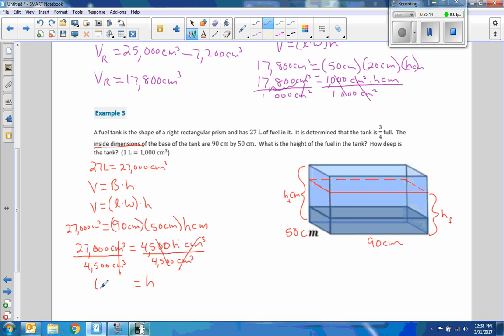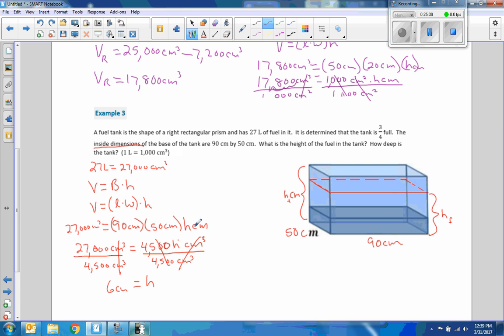Okay, so this is going to be 6.0. So I had 0.6, but there's one more 0 on top than on the bottom. Now I've moved the decimal one place to the right, so I don't need the 0.0. It'll just be 6. Height is 6 centimeters.